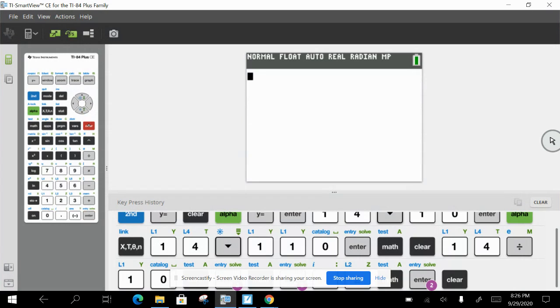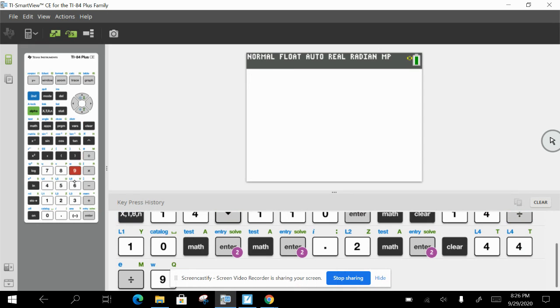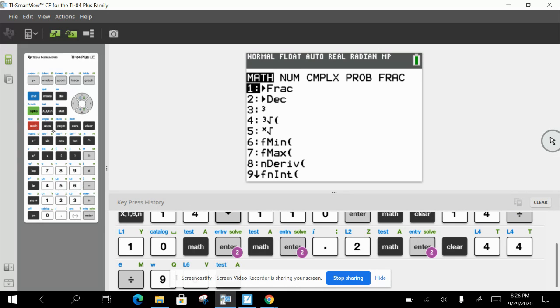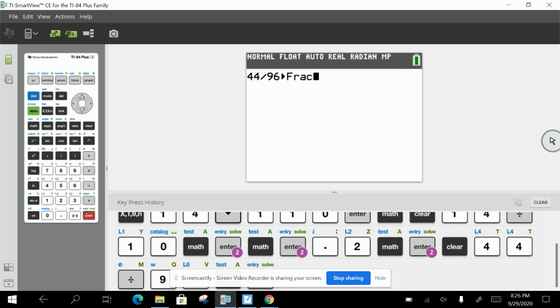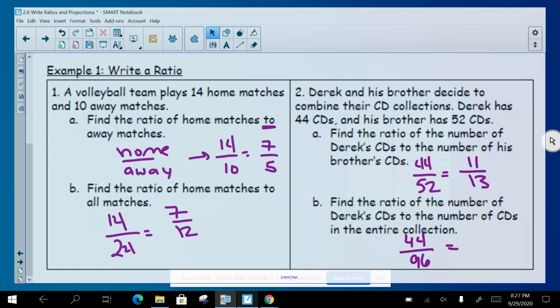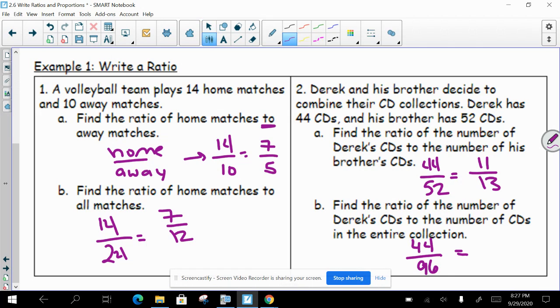This would be a good time to check with our calculator. I'm going to do 44 over 96, click math, fraction, enter, 11 over 24. Okay, that's what I thought. Always good to double check. So this is 11 over 24.